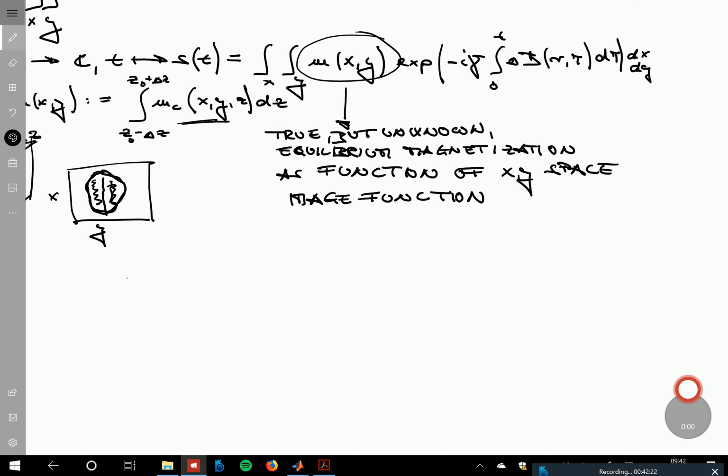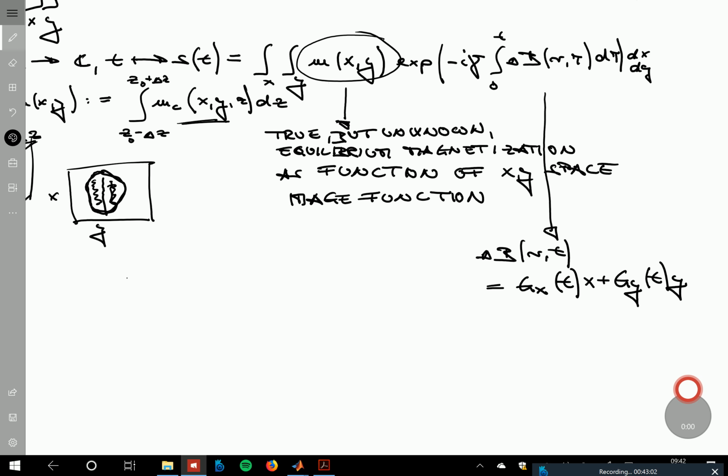So last time we talked about different gradient functions that we can look at, and if we now assume that our delta B(r, t) is given by a linear contribution in the x domain and a linear contribution in the y domain, of course we don't need the z here now, because this is integrated out already.